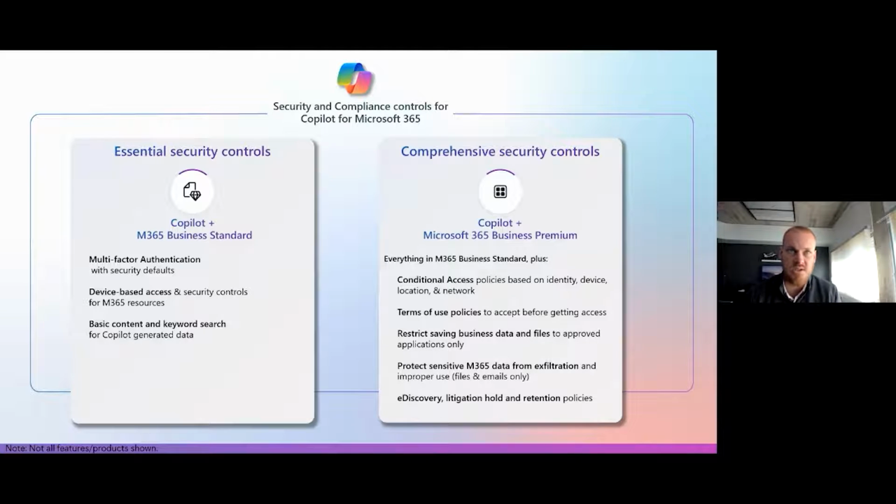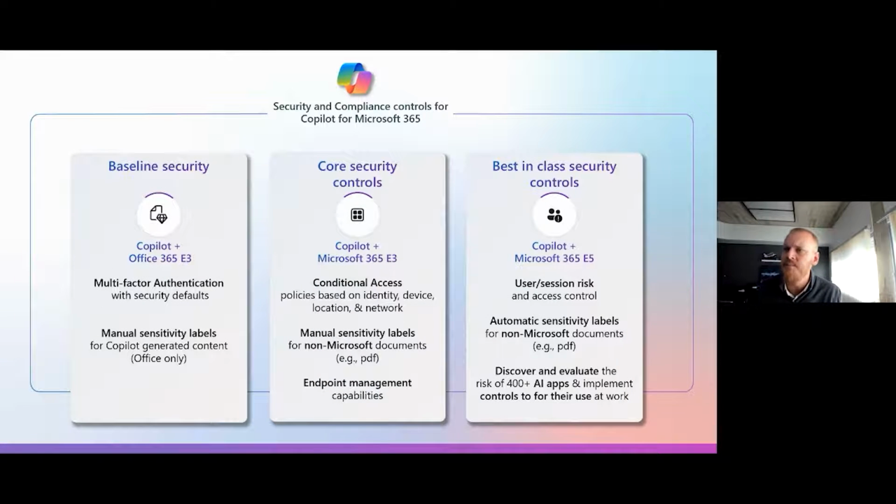under what circumstances. Terms of use, we can require people to agree to terms of use. We can put in DLP policies, data loss prevention policies, that limit what happens with sensitive data. We can put in sensitivity labels that put encryption on that sensitive data. We can do e-discovery, litigation hold, those sorts of things. Those premium licenses really are needed to build out that functionality.